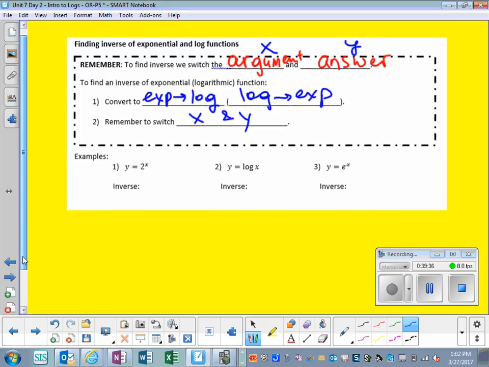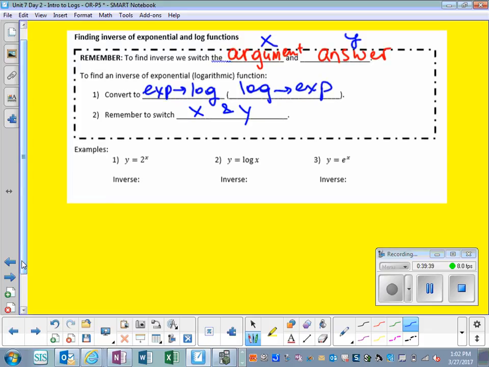So let's look at examples. If you need to find the inverse of this function, since I'm starting with exponential, its inverse will be log, correct? The base should stay the same. So what is the base? 2. And then I need to switch the argument and the answer, right?